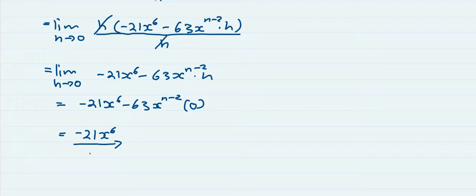When you prove from first principles, f of x is minus 3 over x to the exponent 7.